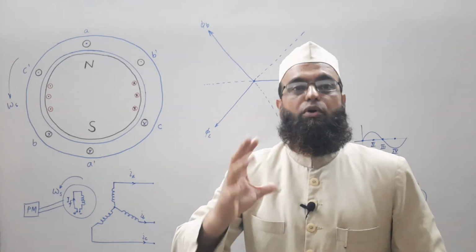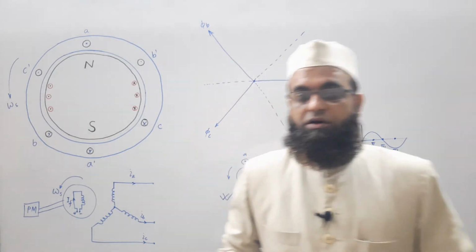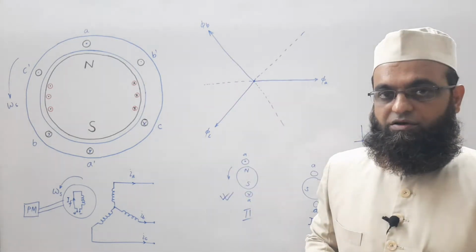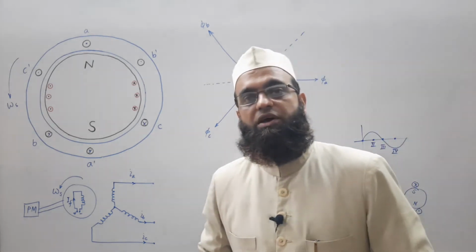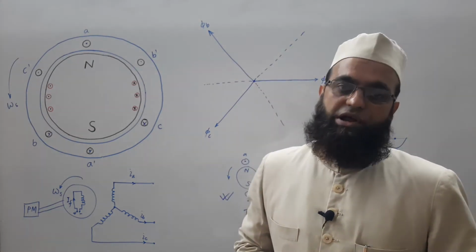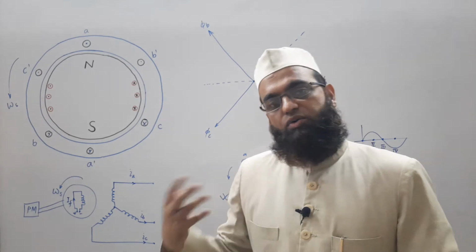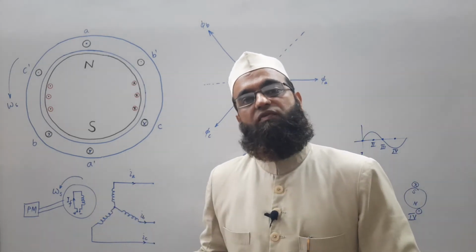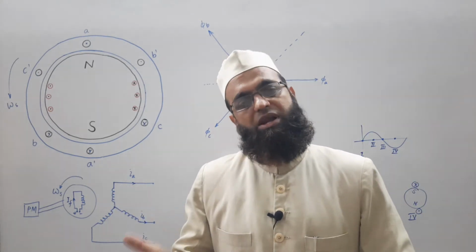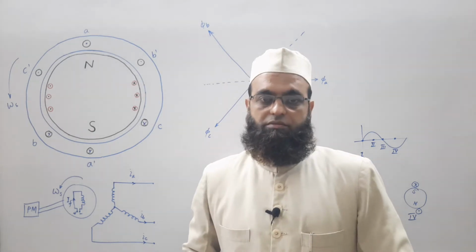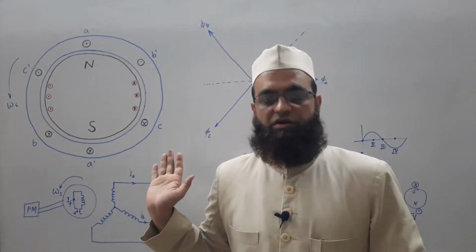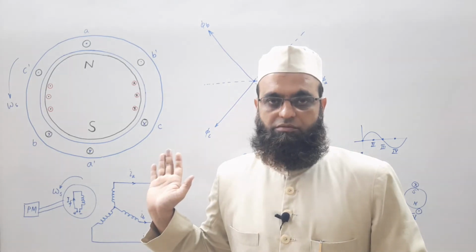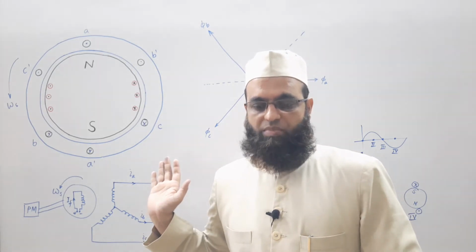So, depending upon various power factors, this effect, the effect of armature flux on main field flux, will be studied separately, and we will see how this rotating armature flux interacts with the rotating main field flux in the various cases of different power factors. Hope it is clear to you.